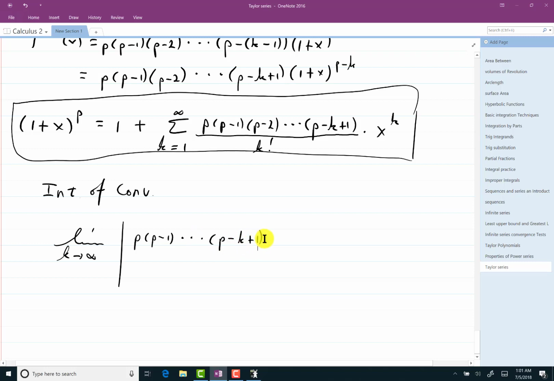That's the kth term, right? These are like growing, if you will. That was a k minus 1, then p. Then the next term would be p minus k, and that would be to the x to the k plus 1. And then down here I've got k plus 1 factorial.